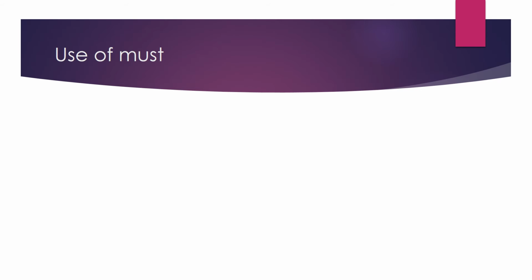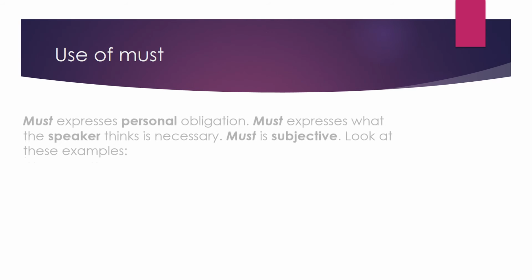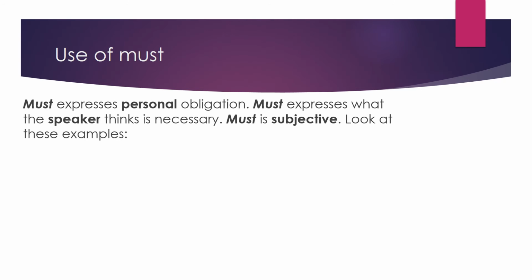Use of must. Now we're going to change to the next modal verb, which is must. Must expresses personal obligation. Must expresses what the speaker thinks is necessary. Must is subjective. Look at these examples: I must stop smoking.